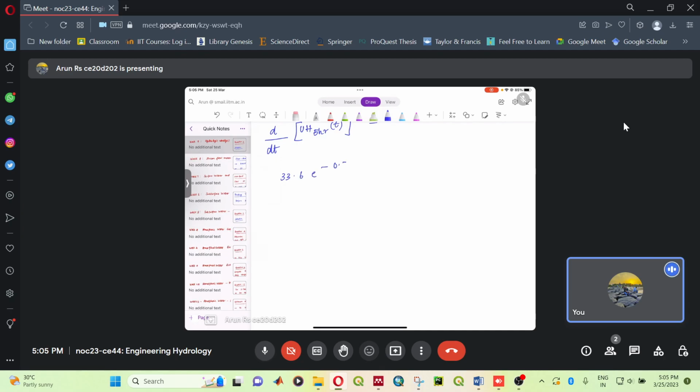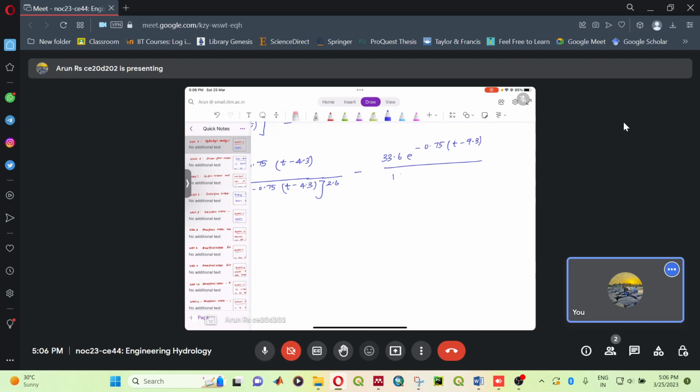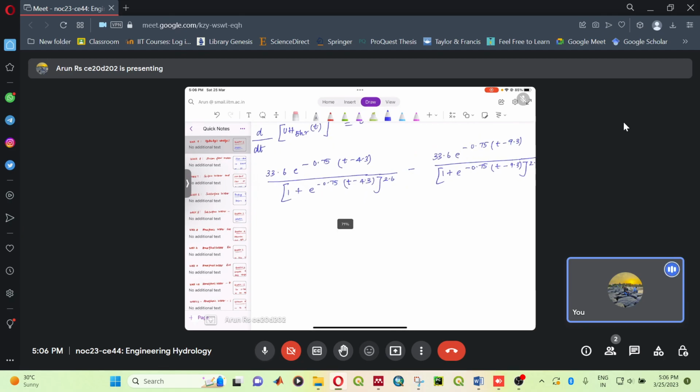33.6 e to the power minus 0.75. So on solving this, we will get the time.